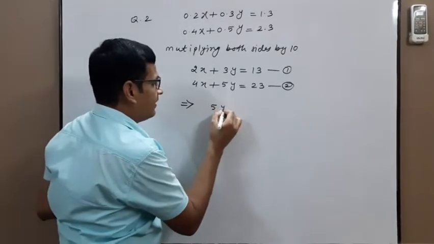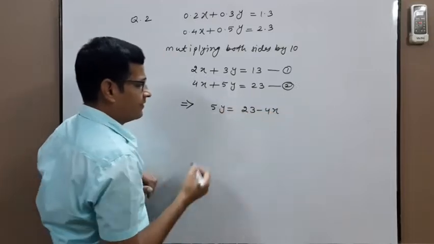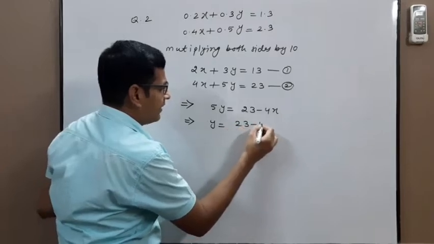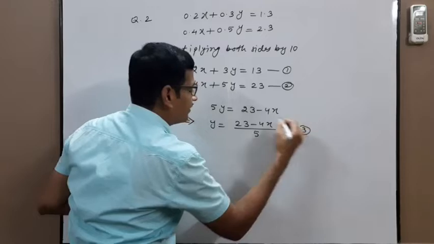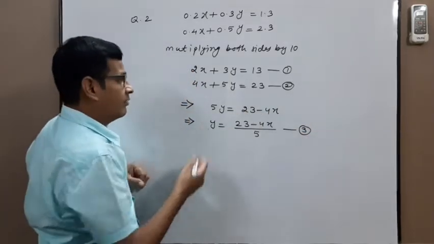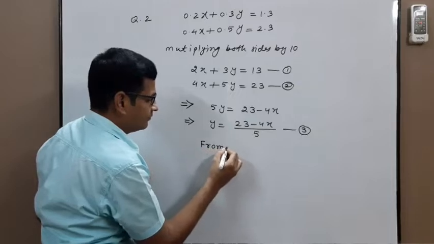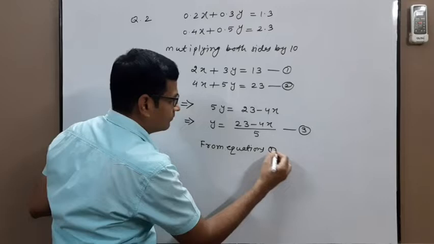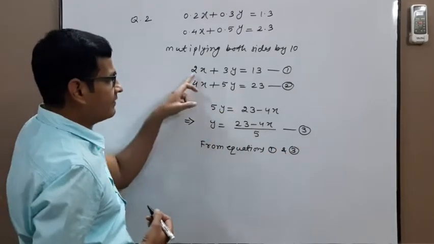Now find the value of one of the variables from equation 2 and put it in equation number 1. So 5y is equal to 23 minus 4x, so y is equal to 23 minus 4x upon 5. Give it equation number 3. From equations 1 and 3, substitute the value of y in equation number 1.